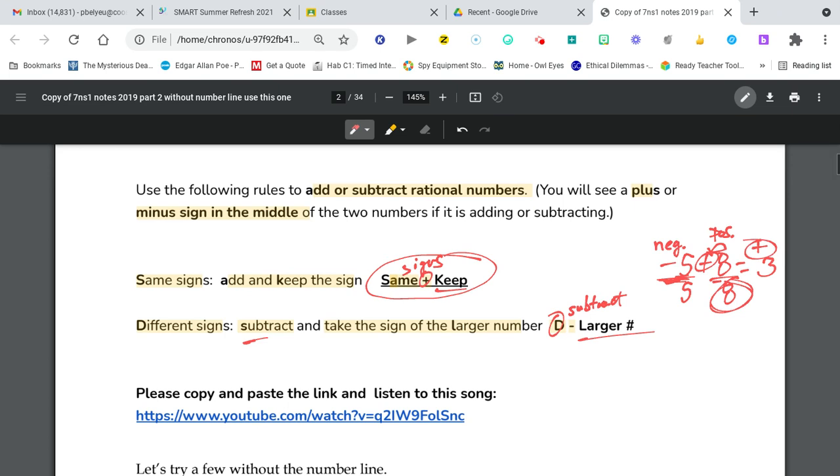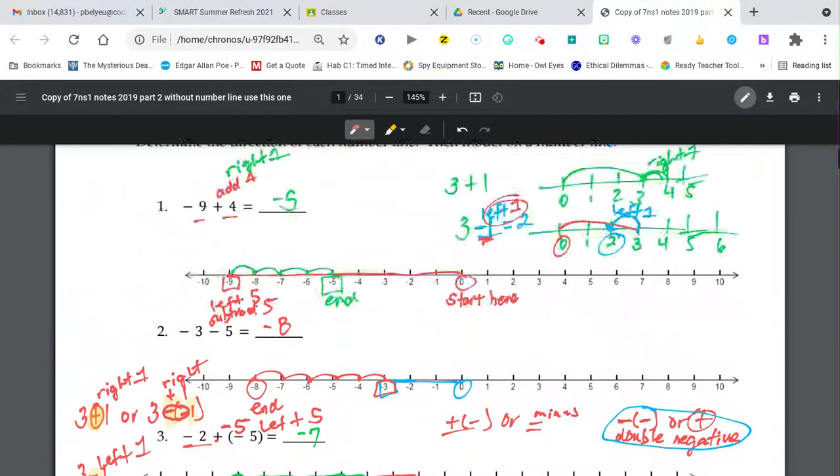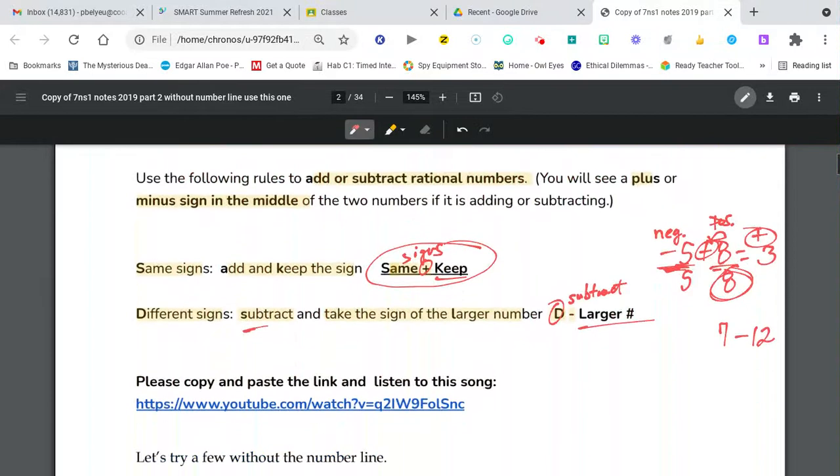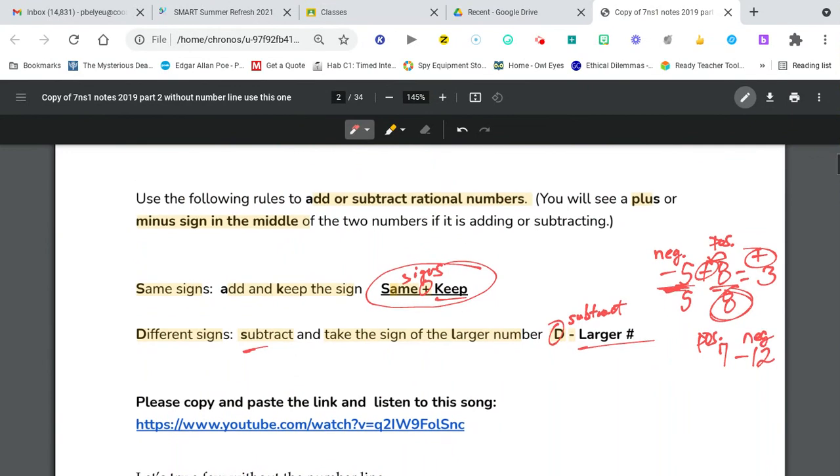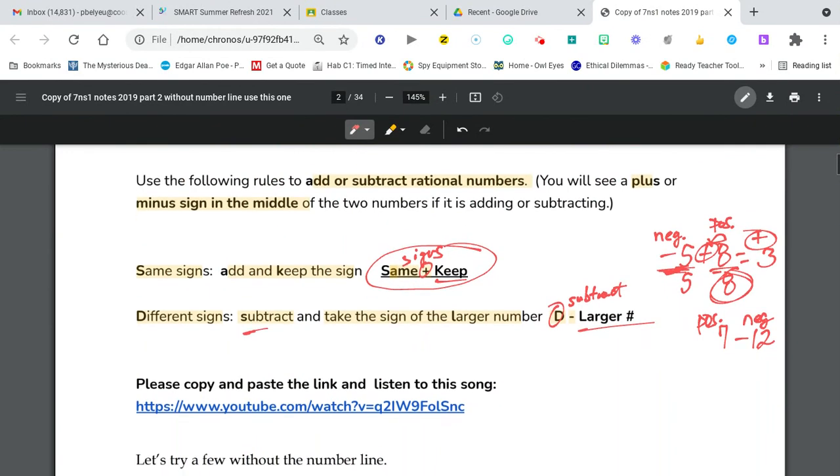Now, if you had something that looked like this, you're going to look at this as a positive 7, and you're going to look at this as a negative 12, okay? Although it's minus 12, you can look at it as negative 12.